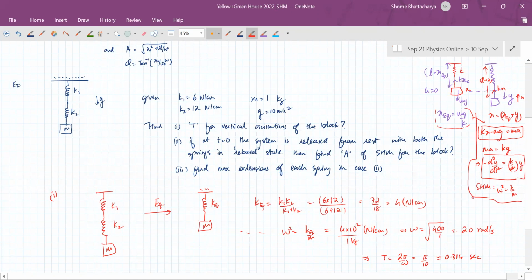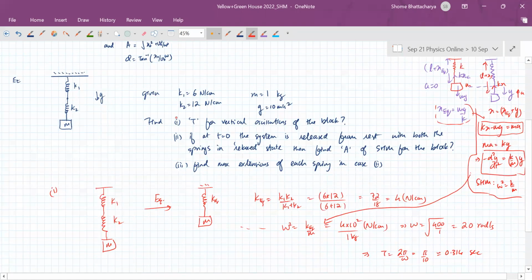This standard derivation I've used directly over here, so we don't need to do the derivation every time. We know that a vertical spring mass system behaves like this, so we'll make use of that. So that's the first part. Now work out the second and third part.